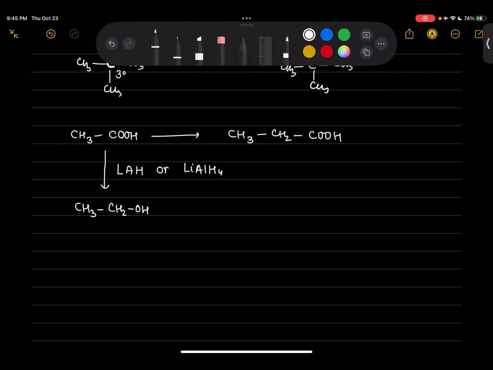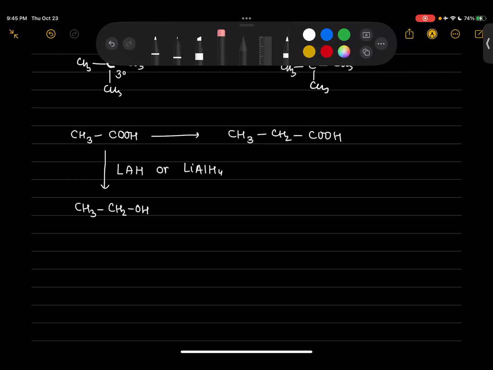Actually, we need to increase the carbon atoms. We can't go for direct oxidation, otherwise if we go for direct oxidation, we are going to end up with the carboxylic acid back. That we will not do.